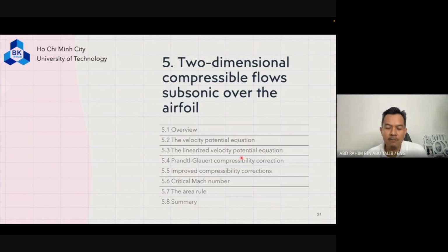Next, we are going to look at the Prandtl-Glauert compressibility correction, and then next week the improved compressibility corrections. We will also touch upon critical Mach number and the area rule, and finally we will summarize the topic of two-dimensional compressible subsonic flow over the airfoil.